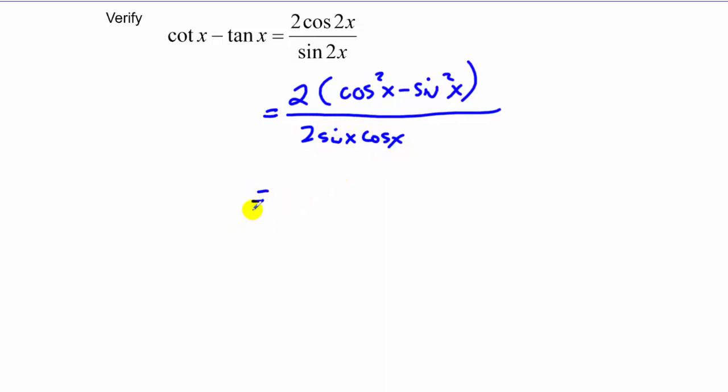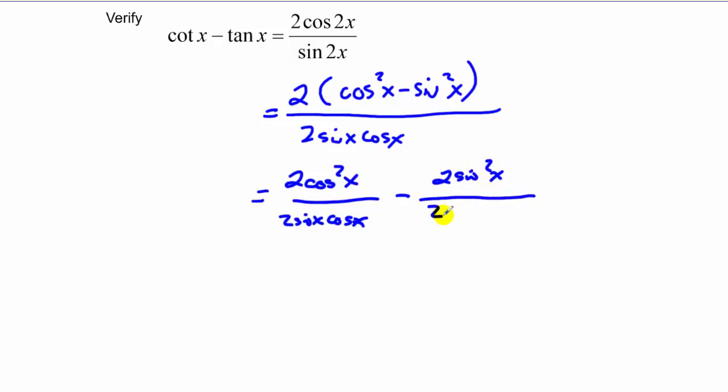Now, like I said, I need a subtraction, so I'm going to split this into two different fractions. This is 2 cosine squared of x over 2 sine of x cosine of x minus 2 sine squared of x over 2 sine of x cosine of x.